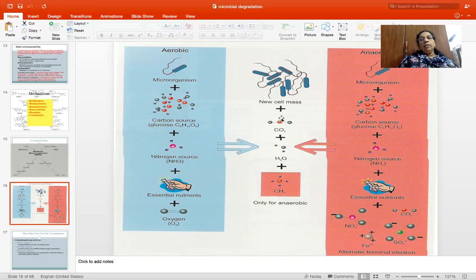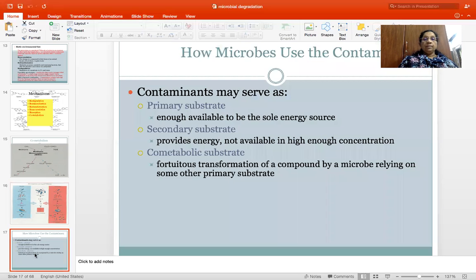So both in anaerobic and aerobic degradation conditions, several compounds are being degraded by the microorganisms. Usually the contaminants serve as an energy source, for example, as a primary substrate. Substrate means a food source that is available to be the sole energy source, or secondary substrate means it provides energy not available in a high enough concentration, but still it provides an energy source.